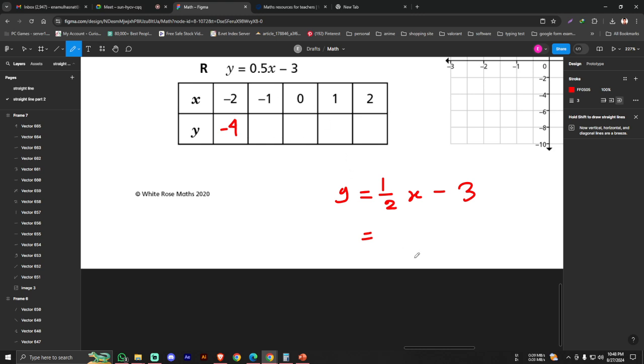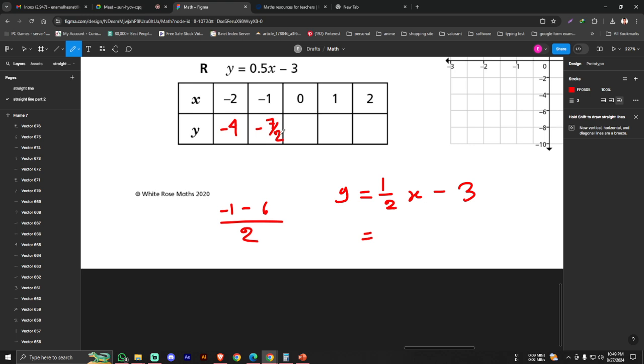And for -1, same thing, minus half and minus 3, so it will be minus 7 by 2. If we place minus 1 here, minus 7 by 2. You understand it, right?